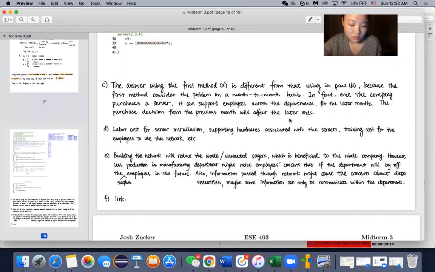And part D asks what other costs are not considered in this problem.